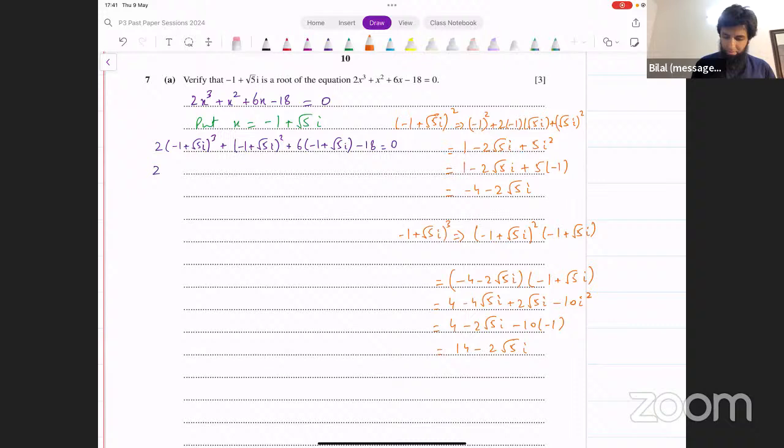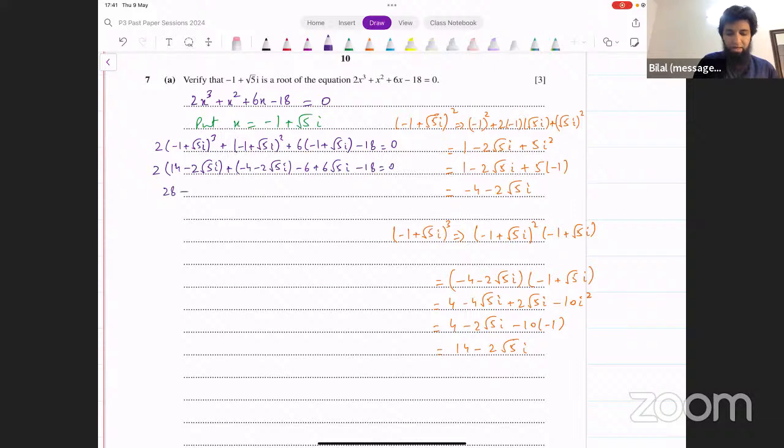Okay, so it becomes 2 into (14 - 2√5 i) plus, I've input this cube here, the square term is (-4 - 2√5 i). And then outside, we've got 6 into minus 1, that's minus 6. 6 into √5 i, that's 6√5 i, minus 18 equals 0.